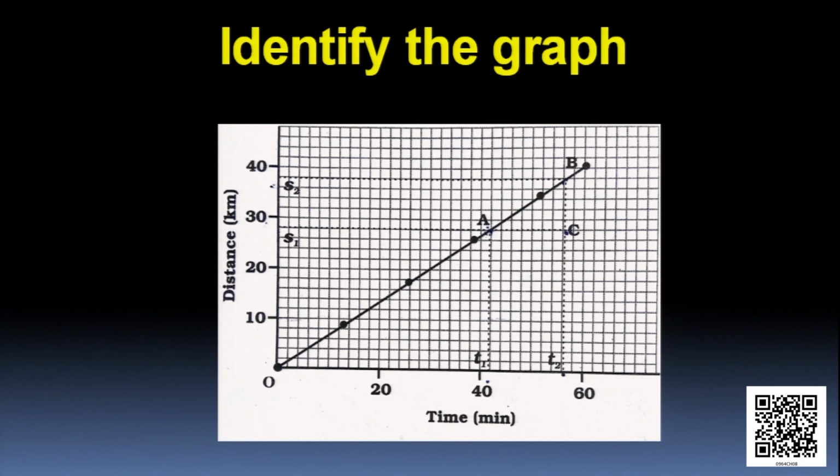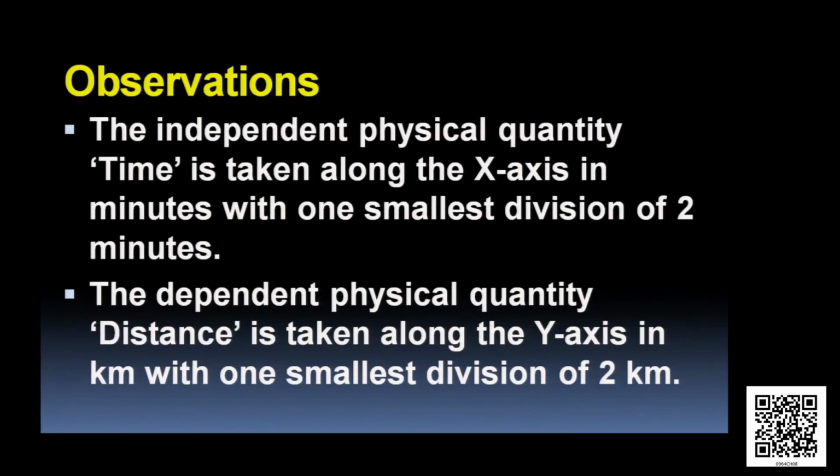See along the y-axis, it is distance in kilometer, unit is kilometer. So first 10 kilometer, then 20 kilometer, then 30 kilometer, then 40 kilometer. It is divided into equal interval of distance of 10 kilometer. So now what you observe on this graph, you see the independent physical quantity is the time. Am I right, students? Okay.